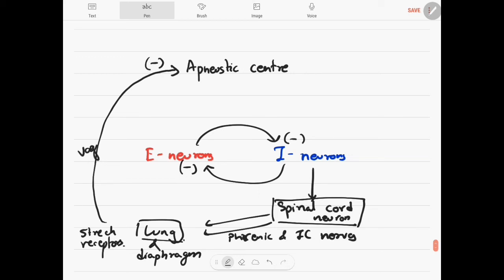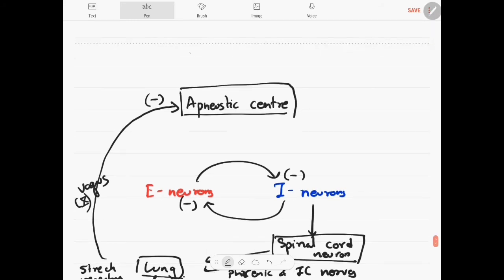This is done by the vagus, or the 10th cranial nerve. The apneustic center is also inhibited by the pneumotaxic center.